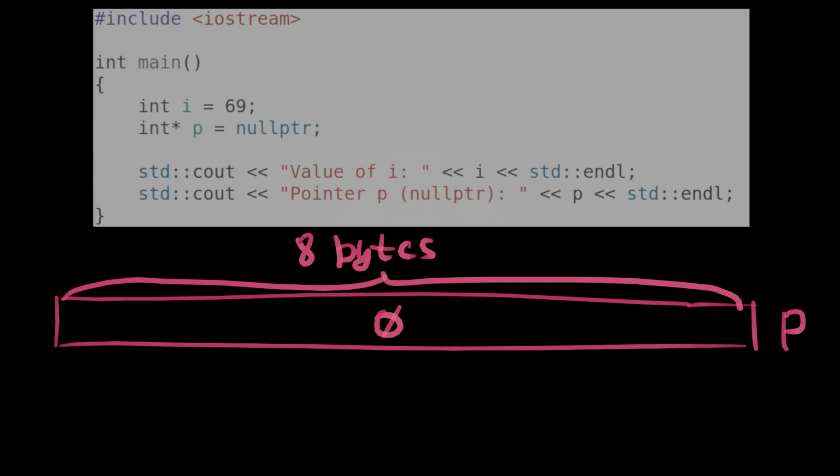As we discussed, an address on a 64-bit CPU takes 8 bytes, so the compiler will reserve 8 bytes in RAM for this variable. Usually, variables declared next to each other are stored close together in memory. So if i is at address 420, p might be at address 424. After running the program, we will see the following output.